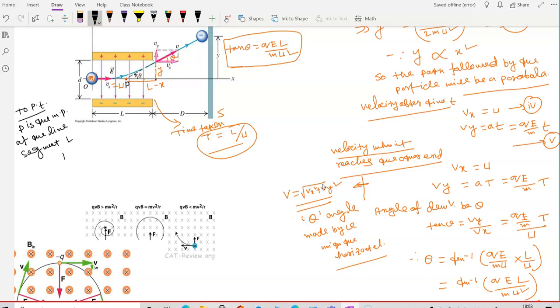It can be proved easily. Tan theta, you see, is going to be what? In the diagram, it is y by L minus x, isn't it?